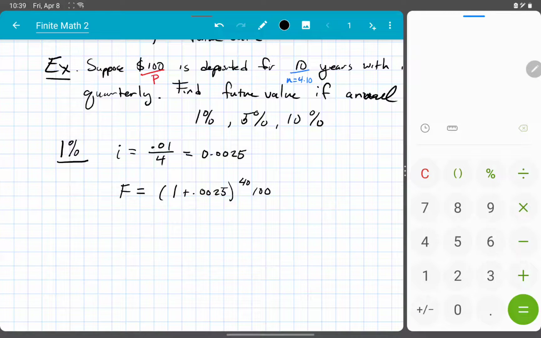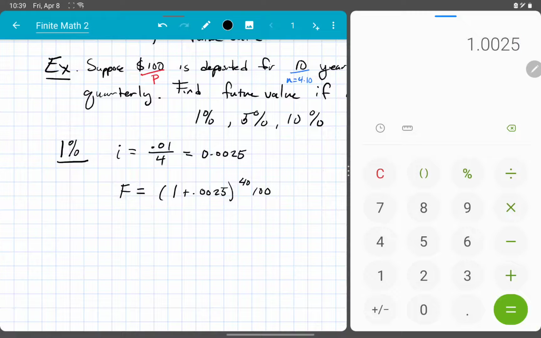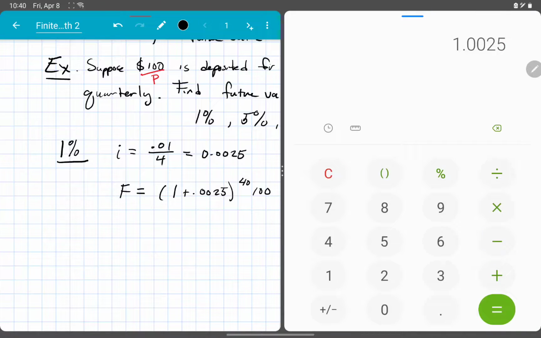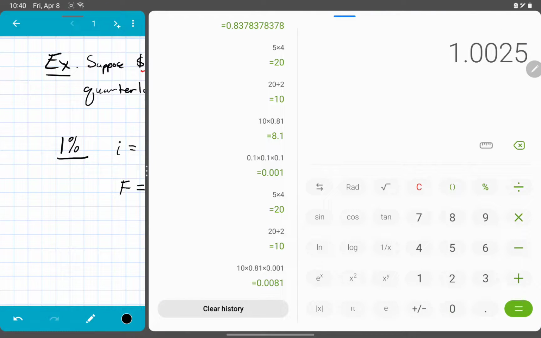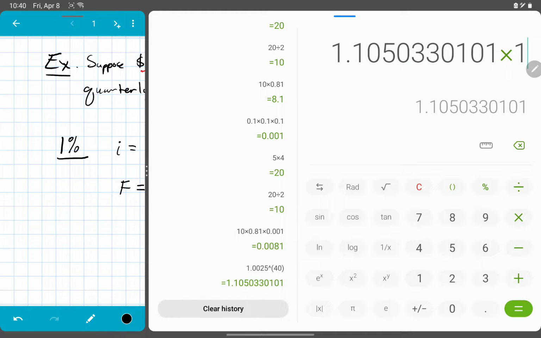Okay, so let's clear this. We want 1.0025, and then we need to make a bigger calculator so that I can see the things I need. There we go. I need to raise that to the 40th power, and I need to multiply that by 100.